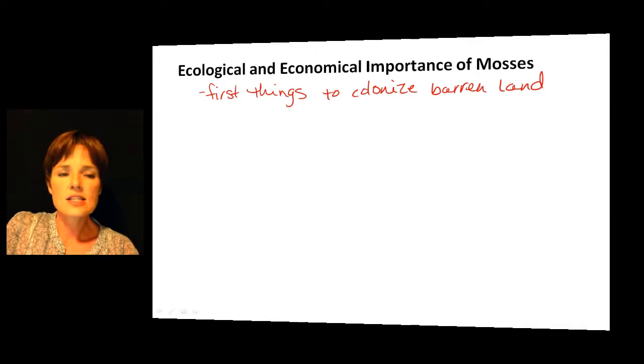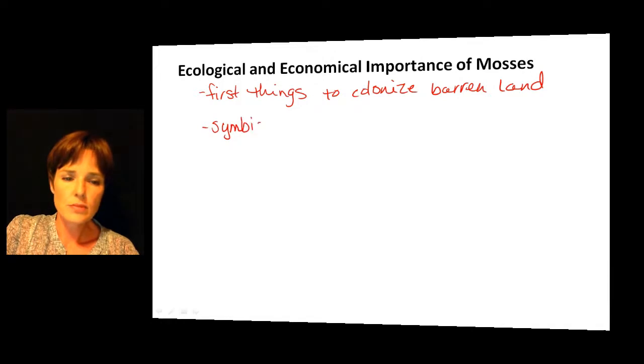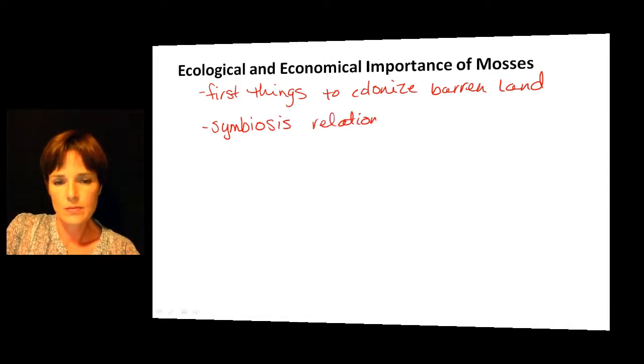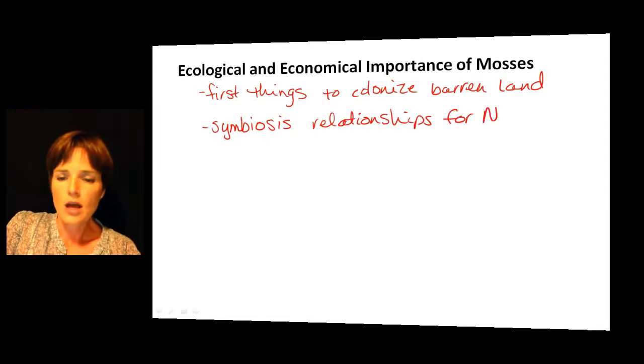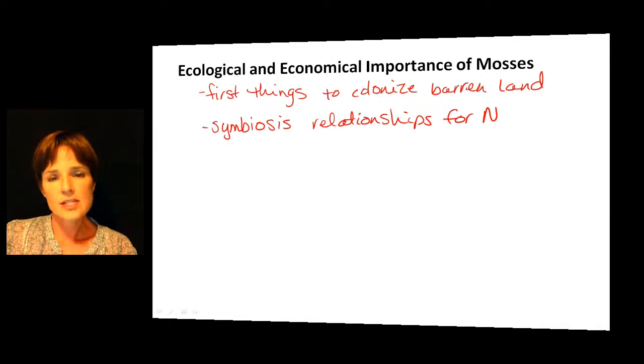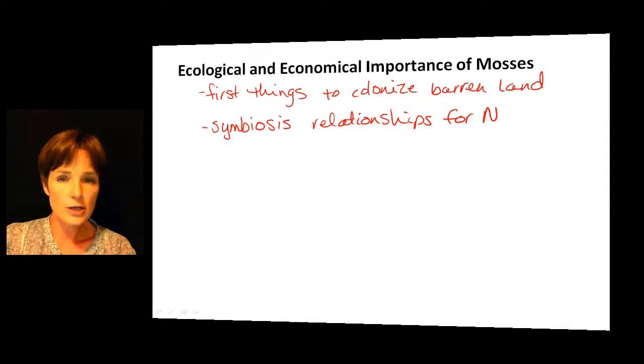And one of the reasons that they're able to do this is that they do form symbiotic relationships for nitrogen. So they can form symbiotic relationships with bacteria and fungi in the soil, and this will help them to get hold of available nitrogen.